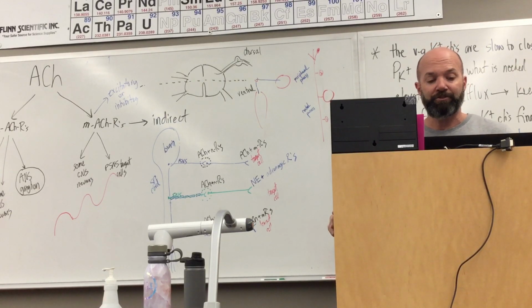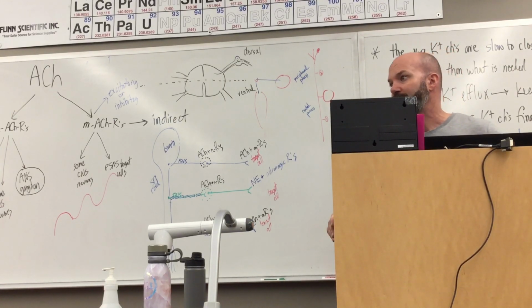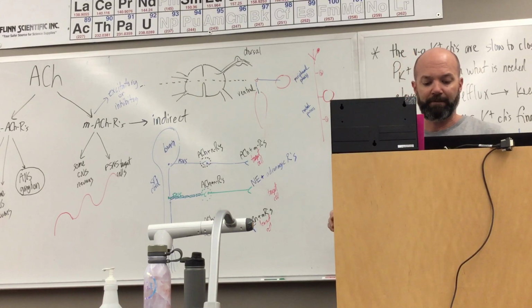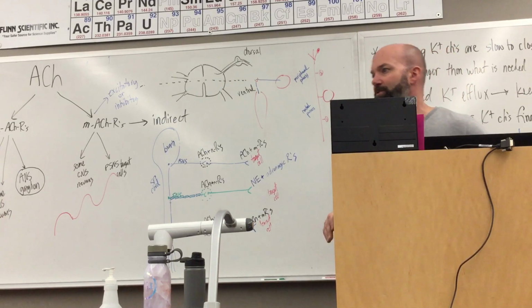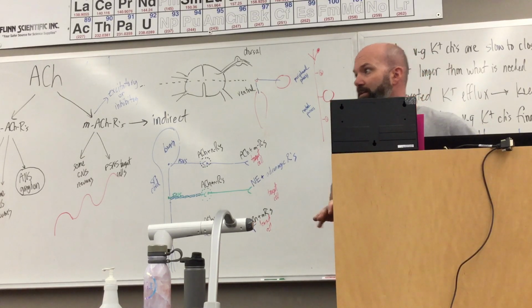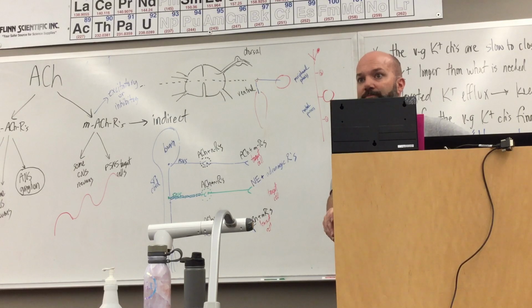If you have damage to your left primary motor cortex, what's the consequence going to be? No voluntary control over muscles on the right side of the body. How about involuntary control? Still intact if you damage the primary motor cortex? Absolutely.